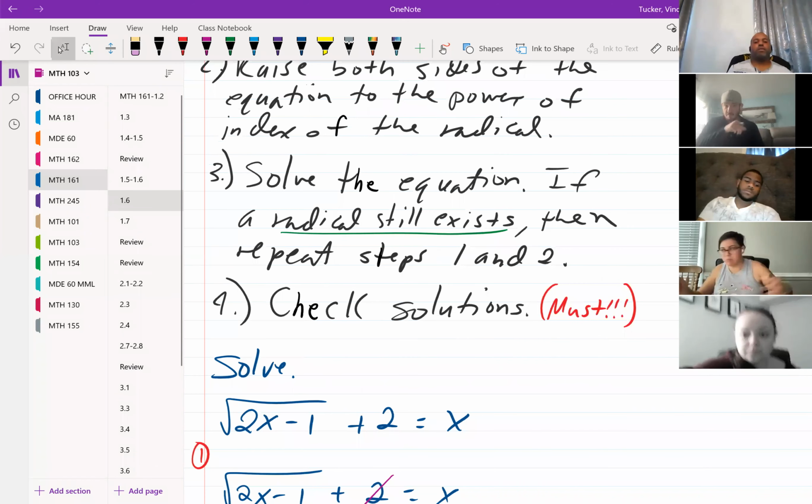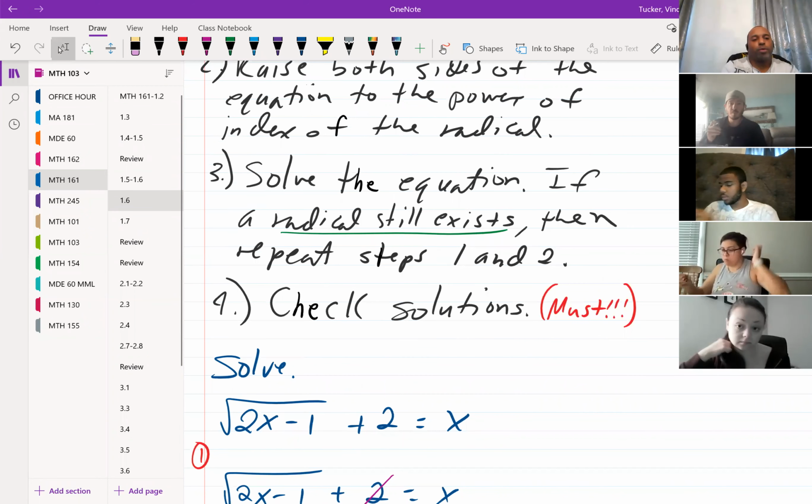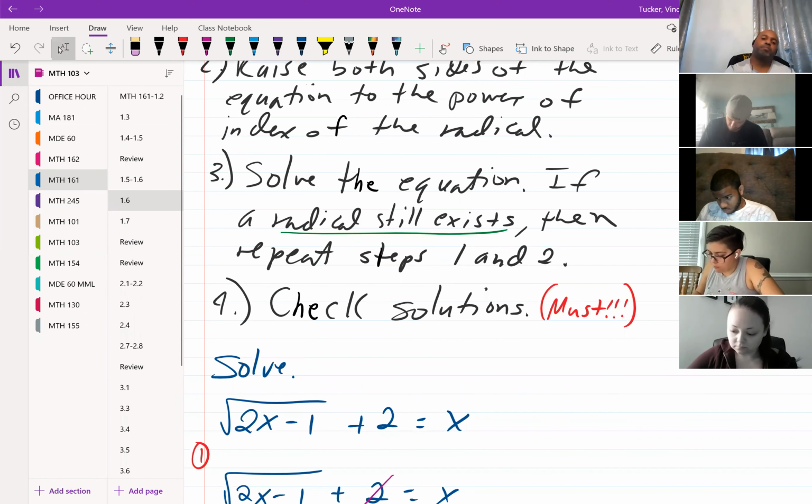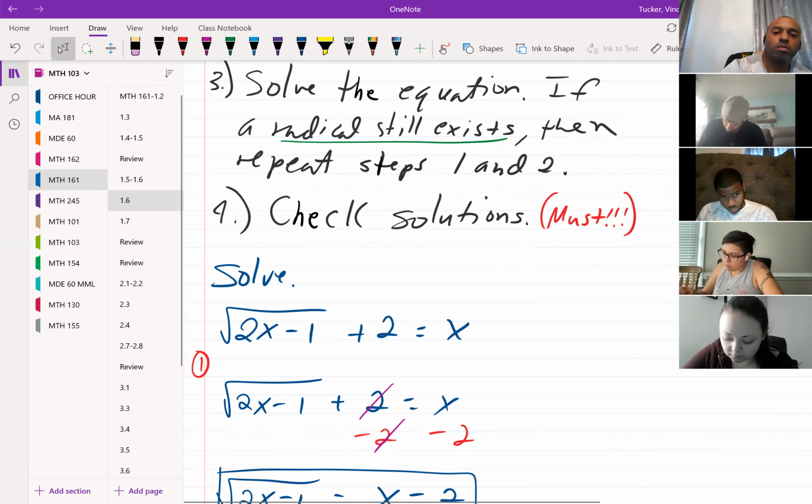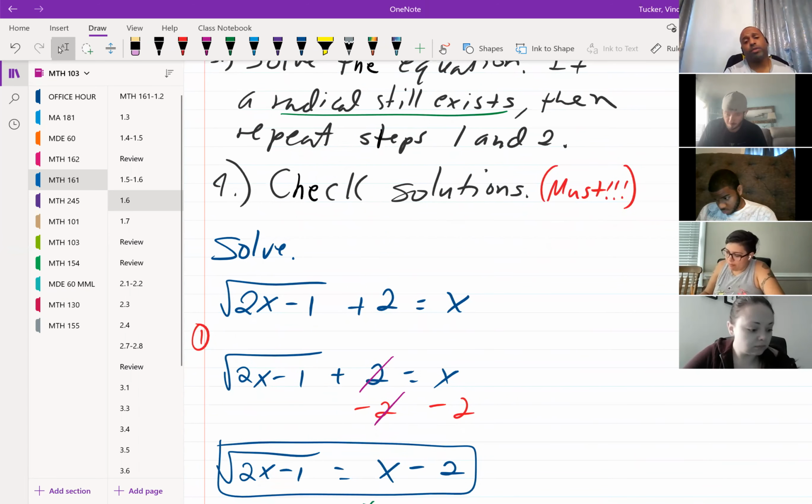Okay, so let's try this out step by step. We have the square root of 2x minus 1, plus 2, equal to x. First thing we do is isolate the radical, so we subtract 2 from both sides.